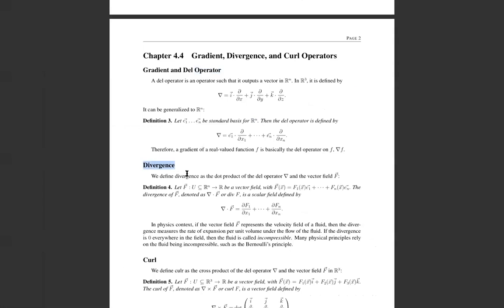The divergence is the dot product of the del operator and a vector field F. Because a del operator returns a vector, this is basically a vector dotted with another vector.